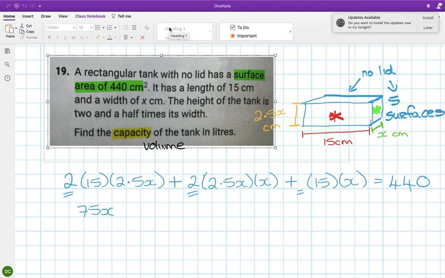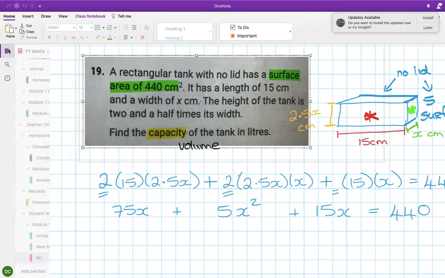Is that right? Yep. 2 by 2.5 is 5, and then x squared, because I've got 2 lots of x's.